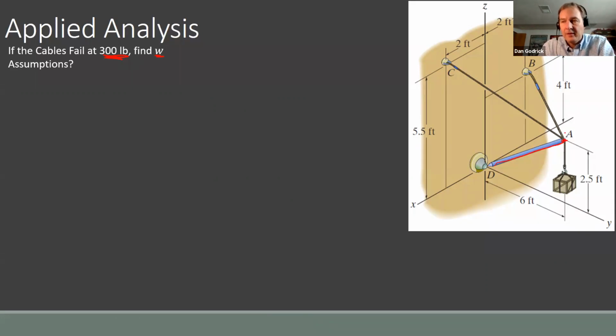Maybe the cables are made of fishing line. I don't know. But we can assume that. We also can assume that if the cables are going to fail first, FAC is 300 pounds. Why? Well, from our previous analysis, we just showed FAC is greater than FAB. It's going to reach 300 pounds first.